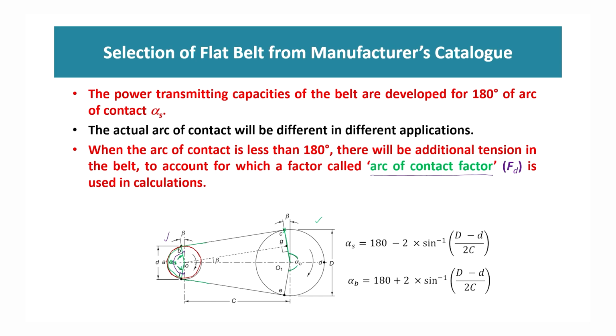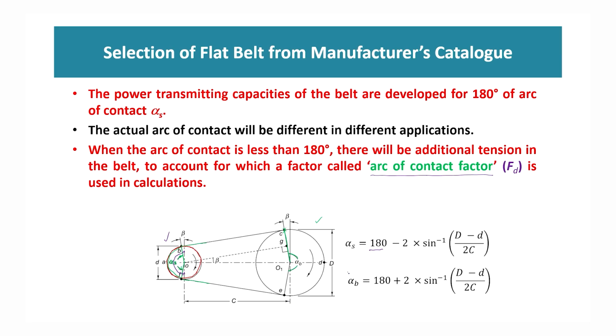So, alpha s, the angle of wrap of the driving pulley, is given by 180 minus 2 sine inverse of capital D, the outside diameter of the driven pulley, minus small d, which is the outside diameter of the driving pulley, divided by 2c, where c is the center distance, between the center of rotation of the driving shaft and the center of rotation of the driven shaft.